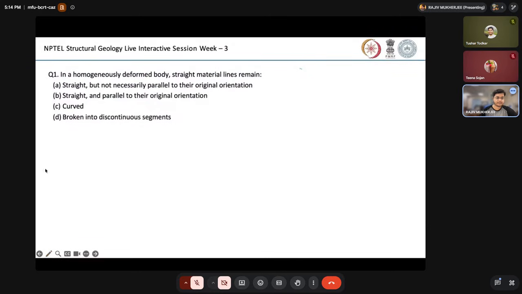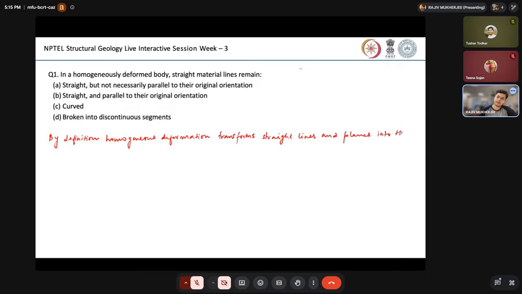By definition, homogeneous deformation transforms straight lines and planes into the same geometry.